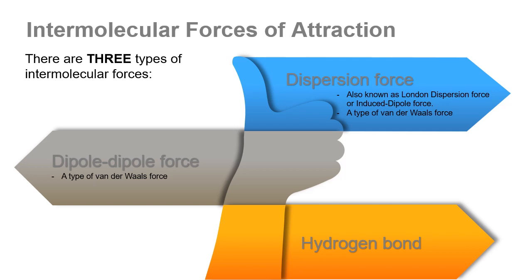In some books, they use other terms like induced dipole bond and also London dispersion force. They are a type of van der Waals. The second one is dipole-dipole bond, also a type of van der Waals. The last one is hydrogen bond.